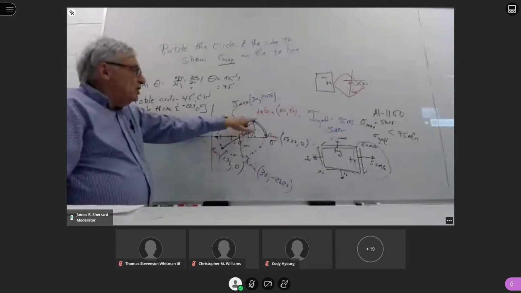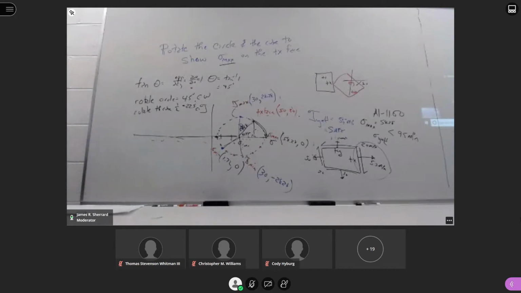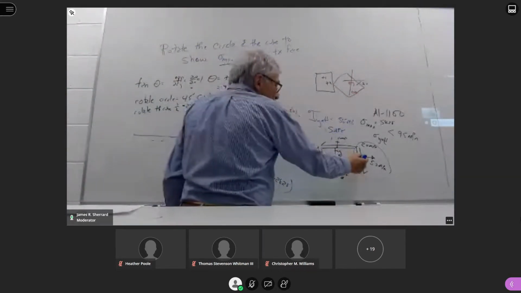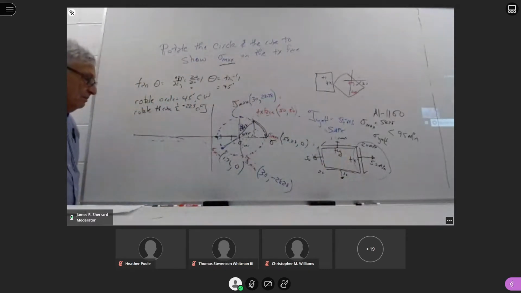So when I rotate the plus x face 180 degrees, how much have I rotated the cube? Deathly silence out there. 90. Yes, Heather. You've rotated 90. So if I rotate this 90 degrees, I have the plus x face.